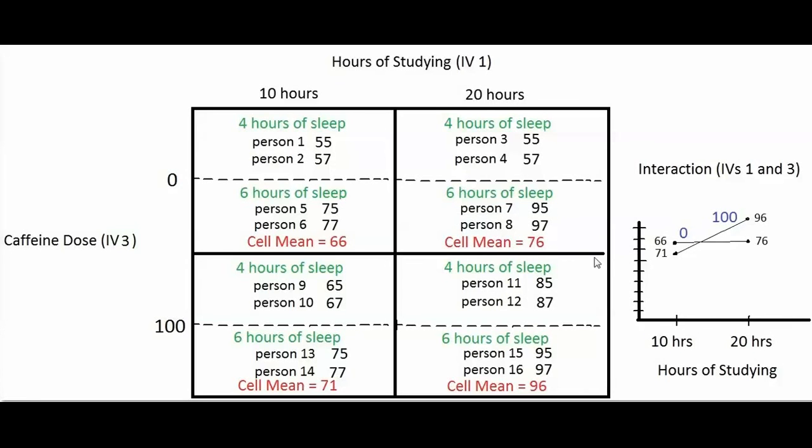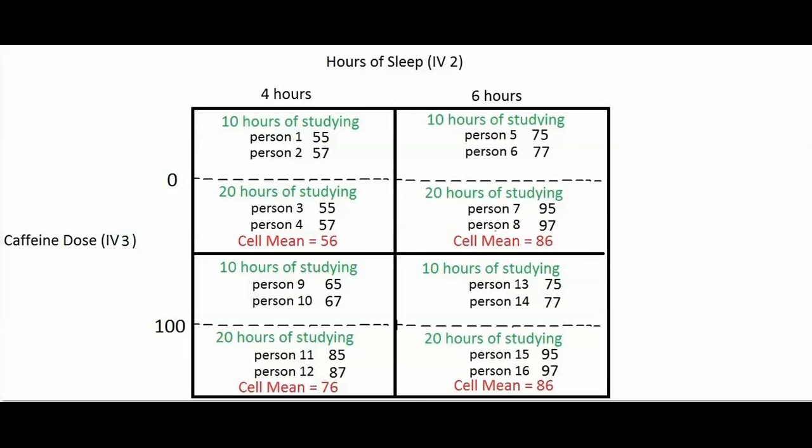Now we can collapse the first independent variable, which is hours of studying, and just look at the interaction between sleep and caffeine dose. Now we have the two levels of sleep here and the two levels of caffeine here.